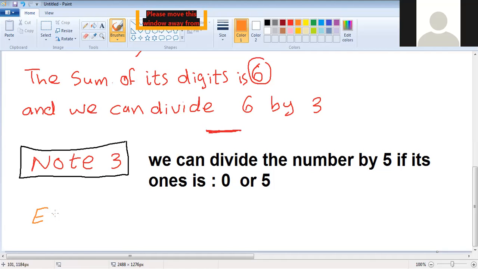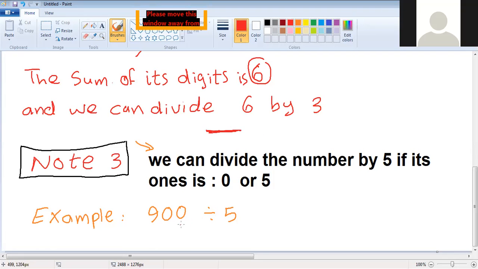900. Okay, I will take 900. Can I divide 900 by 5? Let me check. Read the rule. We can divide the number by 5 if its ones is 0 or 5.